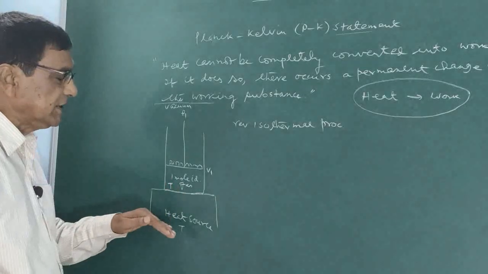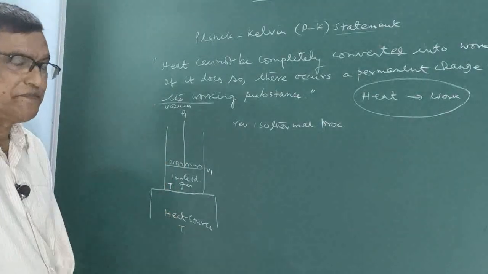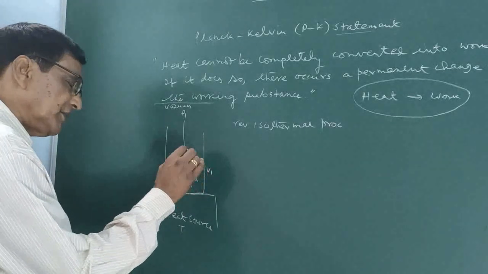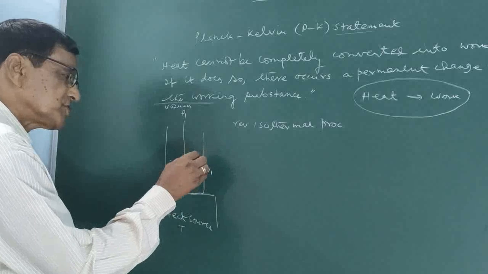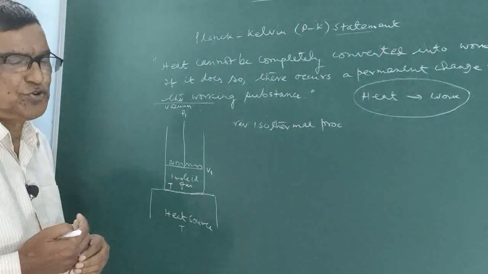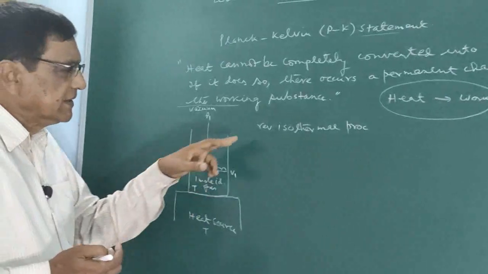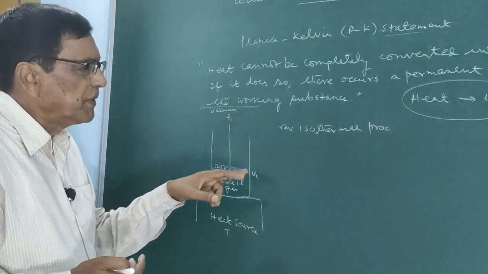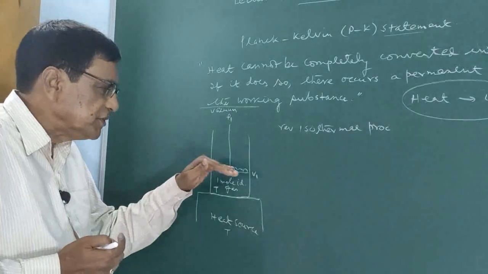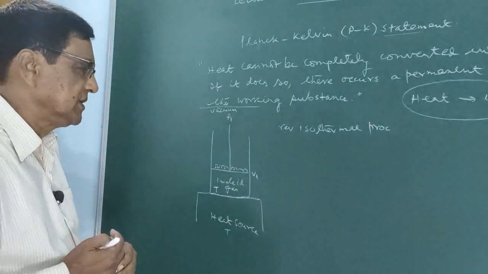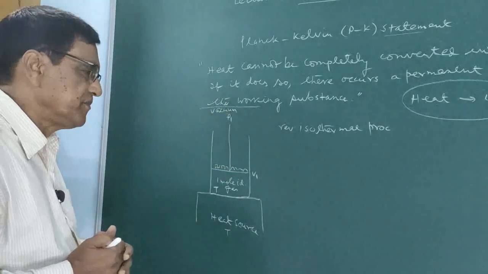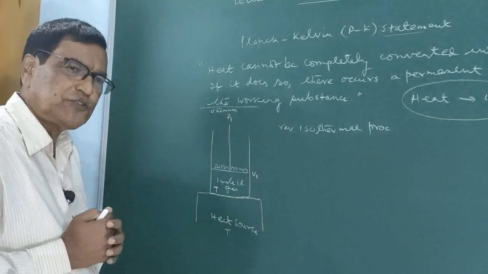Then how will this heat flow from this to this? If we withdraw the loads over the piston by an infinitesimal amount to comply with reversibility, the piston will move upwards slightly, and temperature falls.